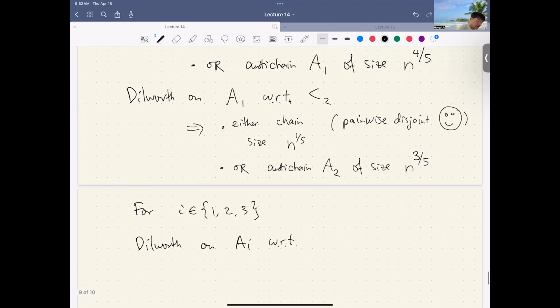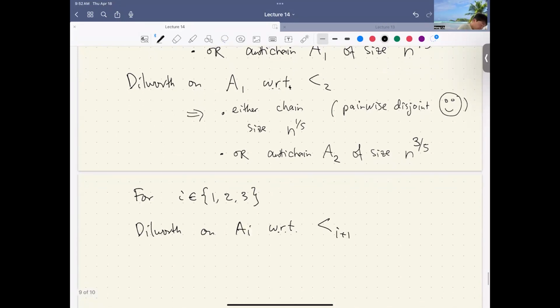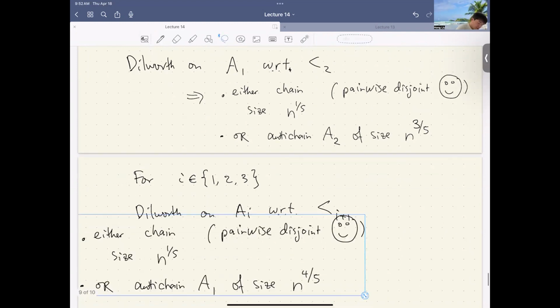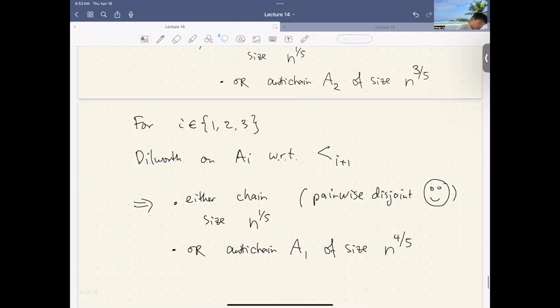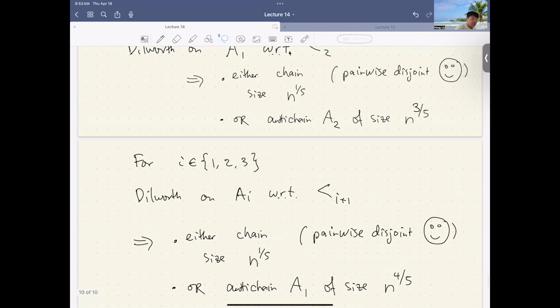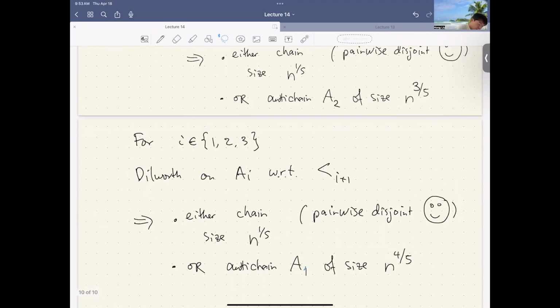When i equals 1, you get this A2, right? With respect to the next partial order, we get either a chain of size n to the 1/5, which means pairwise disjoint, we are done, or an anti-chain, the last one, A4, of size n to the 1/5.